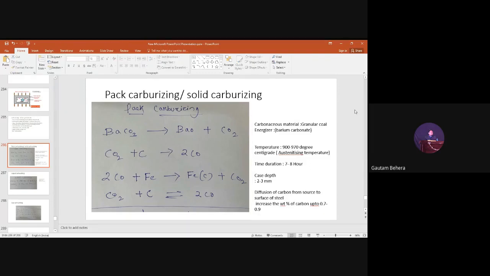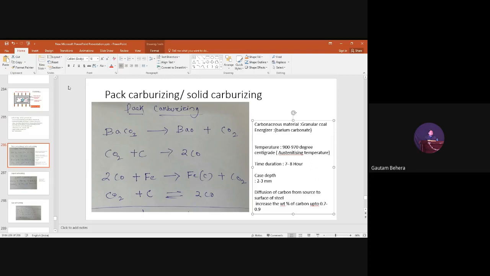So in other words, the hardness with respect to weight percentage of carbon is not the same for all types of steel. It is different for alloy steel, different for carbon steel, different for carbon manganese steel, depending upon the alloying elements also.